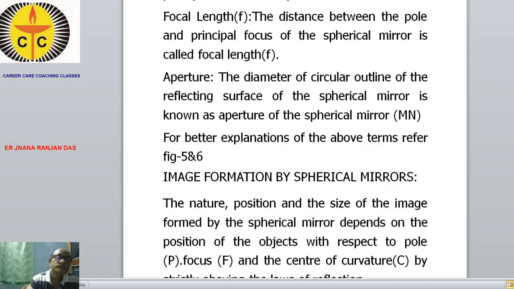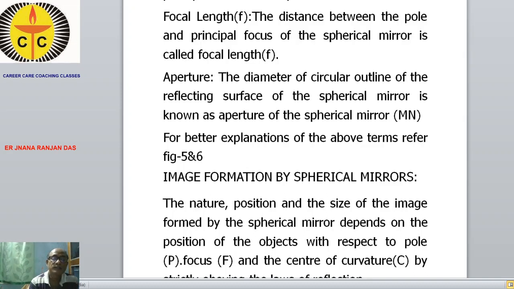You know that the nature, position and size of the image formed by a spherical mirror depend upon the position of the object with respect to the pole, focus and center of curvature.